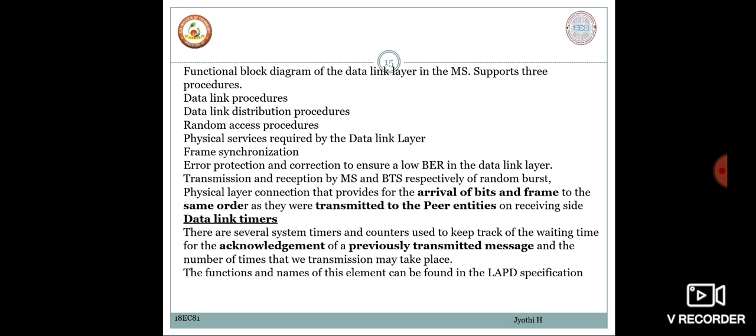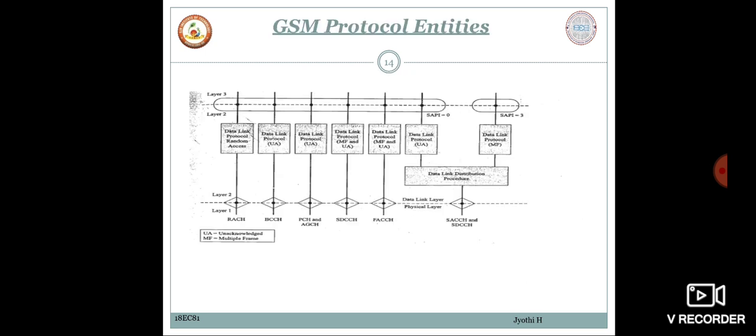Next we move on to the data link procedures. As shown in figure 5.51, this is the data link connection for the stand-alone dedicated control channel and the slow associated control channel, which terminates at the service access point, SAPI equal to 3.